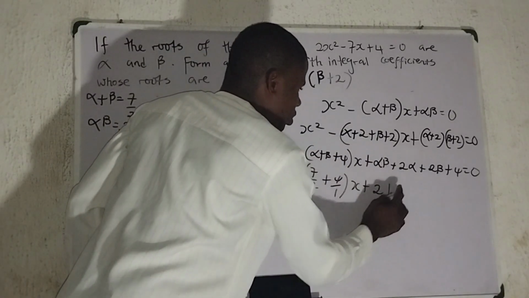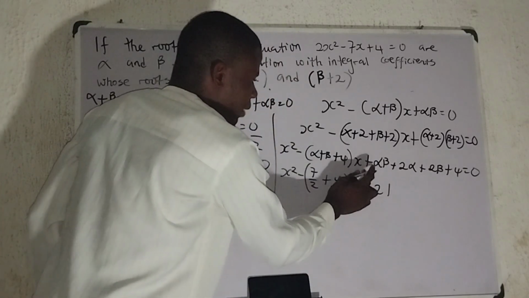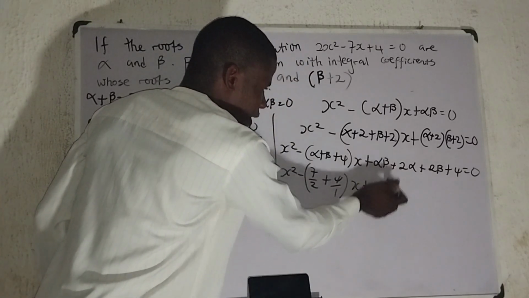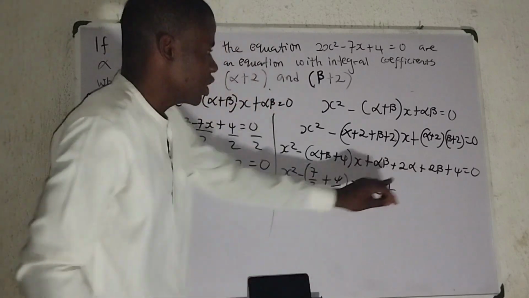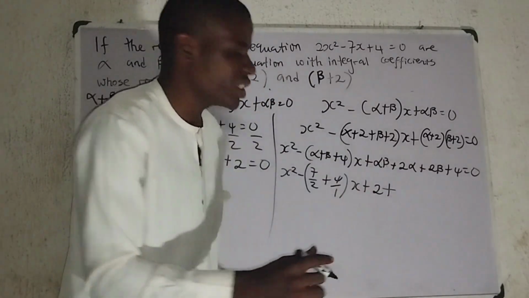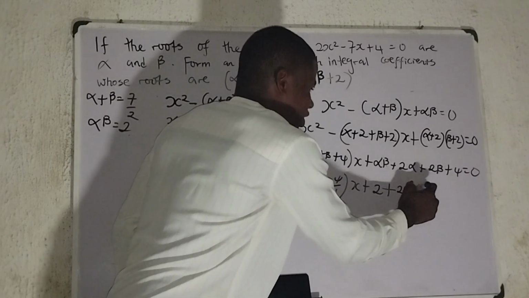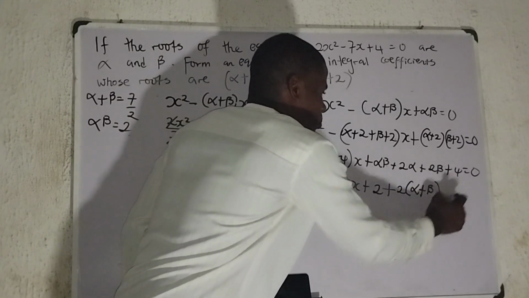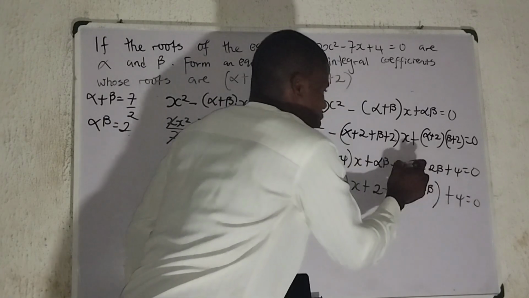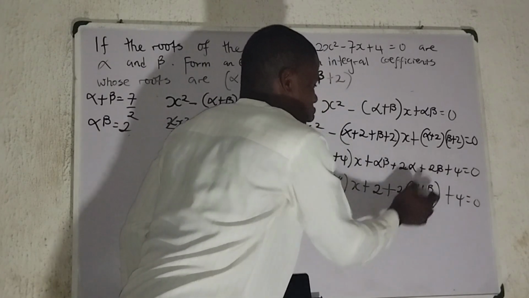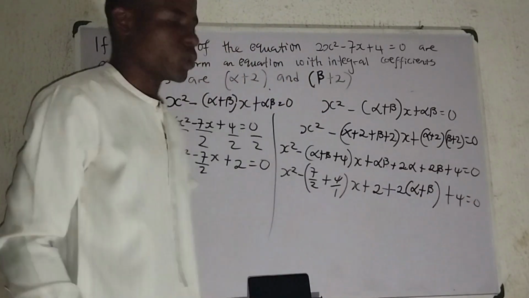Plus, watch this: 2 alpha plus 2 beta, when we factorize, can be seen as 2 into the bracket alpha plus beta, plus 4, equals 0. The common factor there is 2.